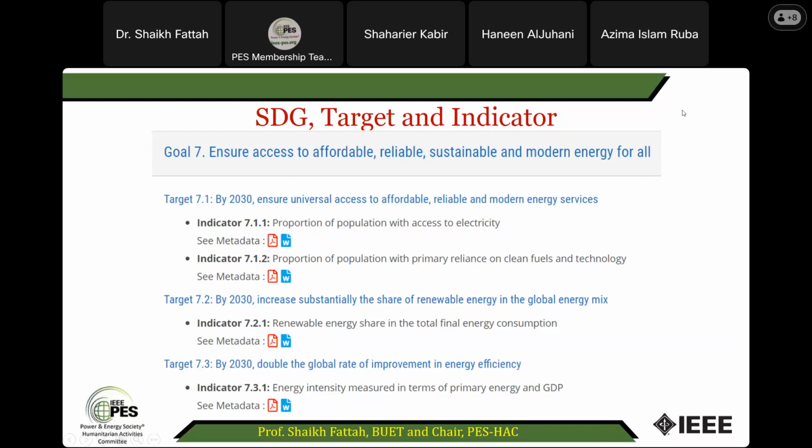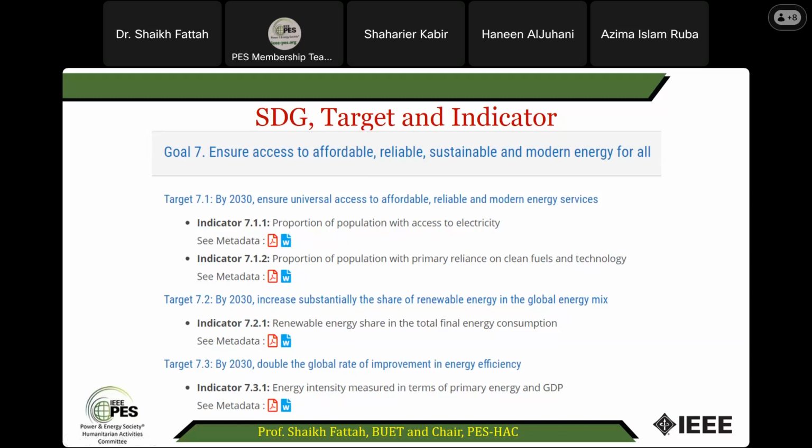So these are the keywords involved. You are giving affordable energy for all. They have some targets by 2030. Target one: ensure universal access to affordable, reliable, modern energy. Target two: increase substantially the share of renewable energy. Target three: double the global rate of improvement in energy efficiency. So these are the targets.